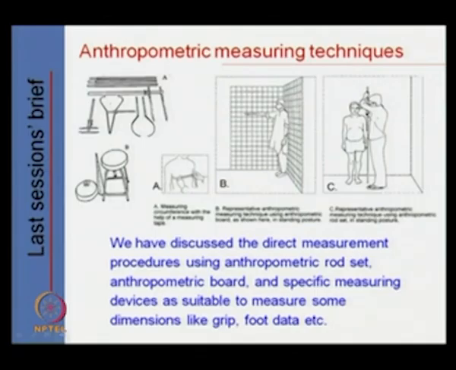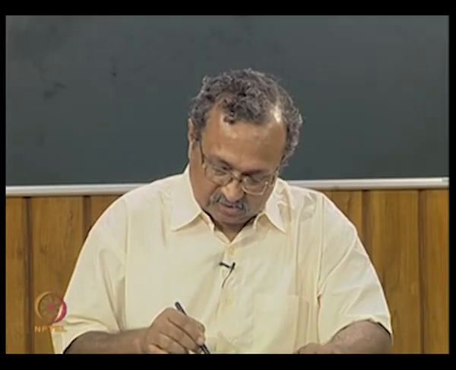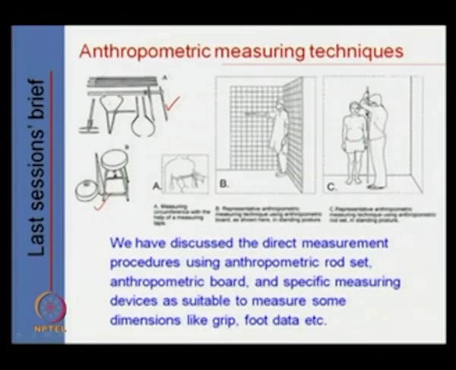In the last class we mentioned the basic anthropometric techniques using the anthropometric rod set and other equipment like height adjustable tools, body weight scales, and a cone for grip diameter, and measuring circumferences with the help of an inextensible or non-elastic measuring tape, and using different grids, that is anthropometric measuring boards, that can be developed.